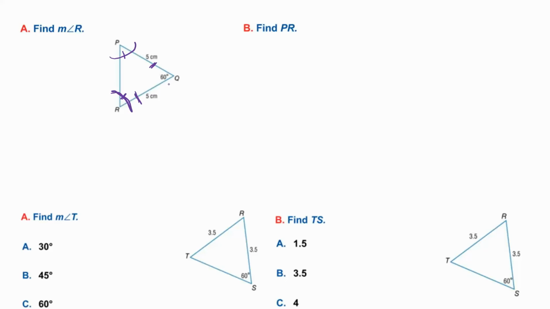Well, the top one is 60 degrees, which leaves us 120 divided by 2, which tells us each of the base angles are 60 degrees. So this actually ends up being an equilateral triangle, because if they're all 60 degrees, this also has to be 5 centimeters. Which leads us into the next one, part B. Since it is an equilateral triangle, this would be 5 centimeters.